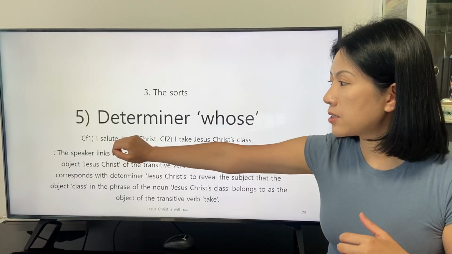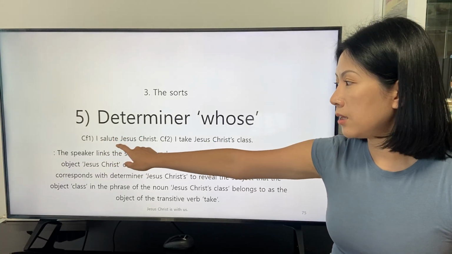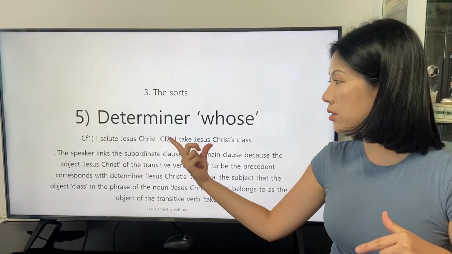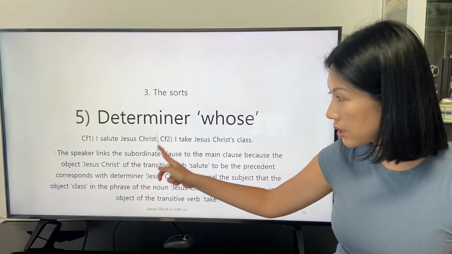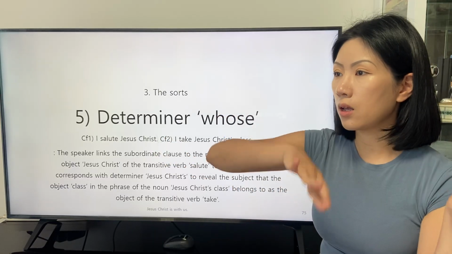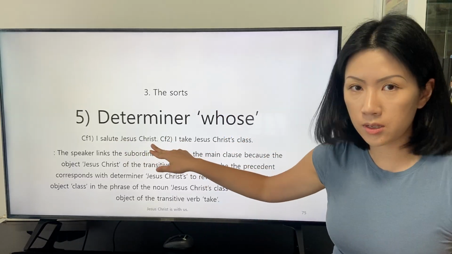The speaker states the first clause and links the second clause by the determiner whose right after the President.